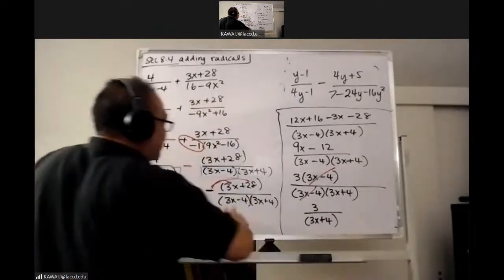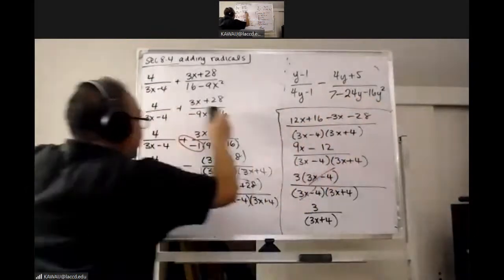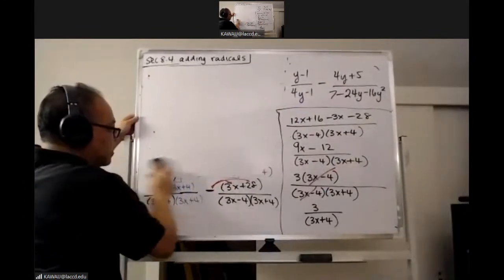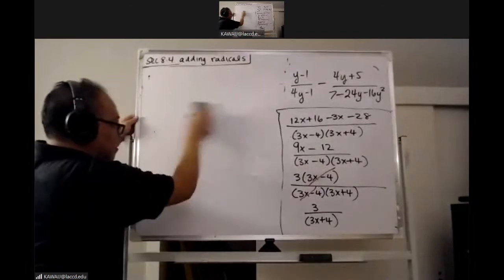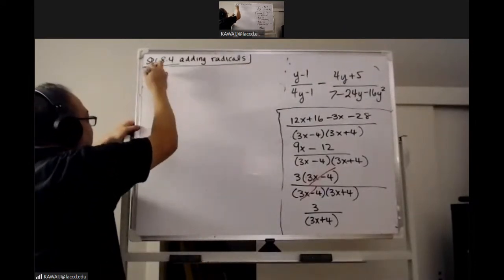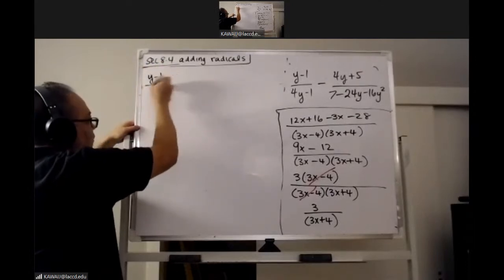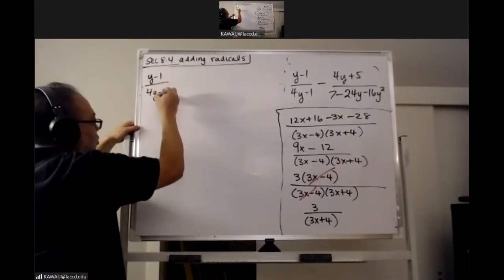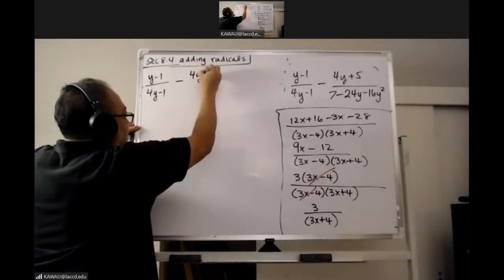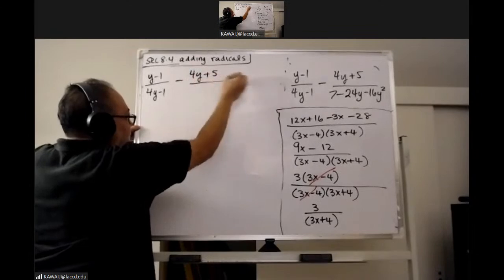Okay, so let's try this other one. There's a really kind of nasty, mean thing going on over here, so let's reorder that. I'm going to rewrite this as y minus 1 over 4y minus 1 minus 4y plus 5, but I'm going to put the y squared first.